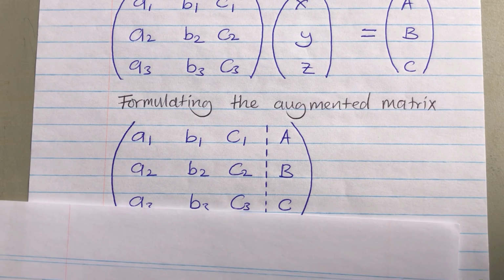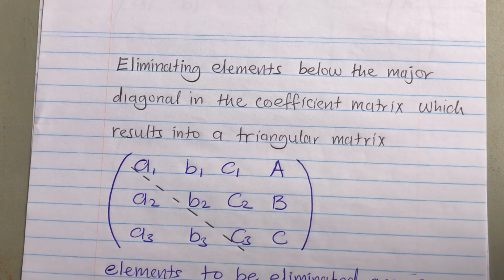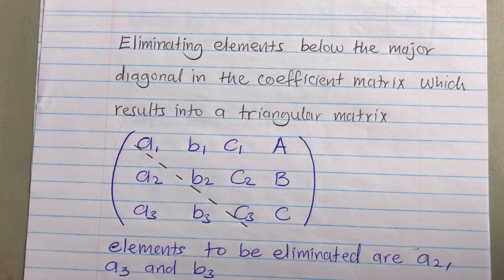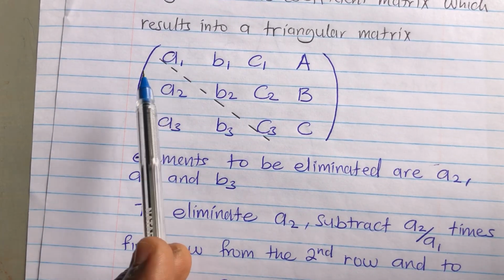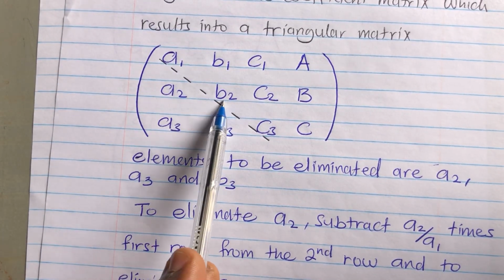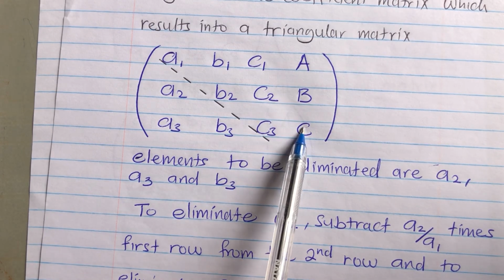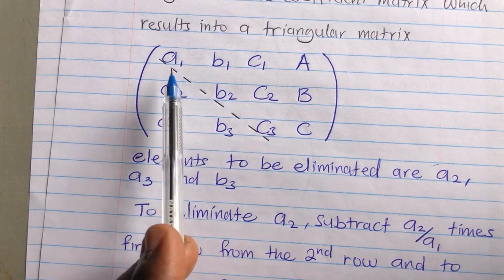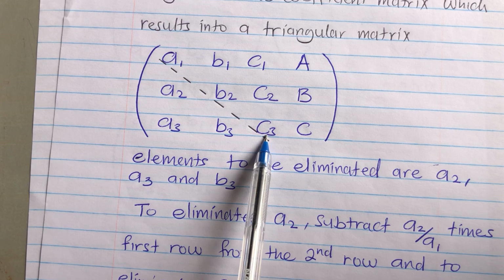That will be eliminating elements below the major diagonal in the coefficient matrix, which results in a triangular matrix. This is what we mean. We are considering the elements in the major diagonal of the coefficient matrix. Leave alone the answers or the equivalents, but we are considering those elements in the coefficient matrix.